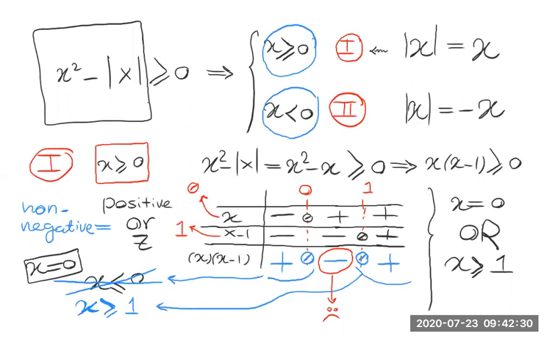I have a question. Sorry, in the last slide, why did you put x is less than or equal to 0 or x is greater than 1? Because this is the answer of this thing. The point is that we are looking for the points x where this thing is greater or equal than 0, right?